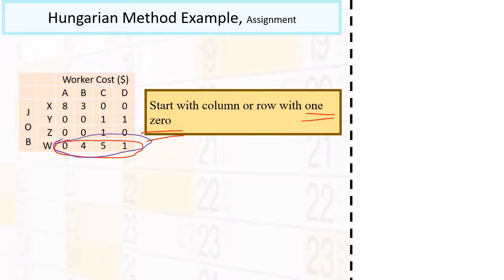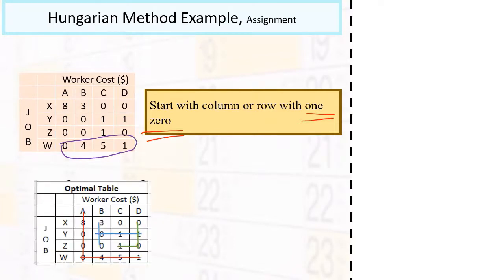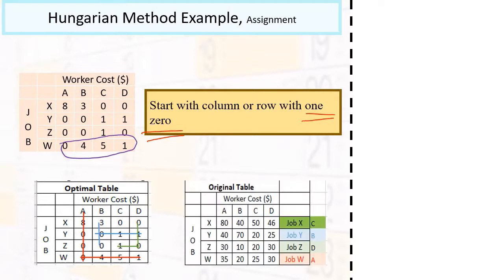Also, maybe there's this column here. Yes, that's true. There's another column that only has 1 zero. So we could have started with the C column. But we'll start with the W row, and we have 1 zero. So let's make our first assignment.